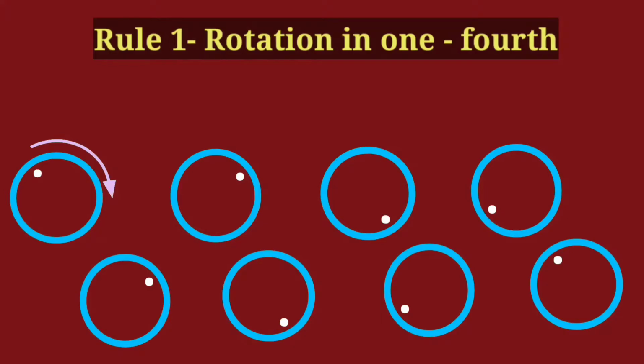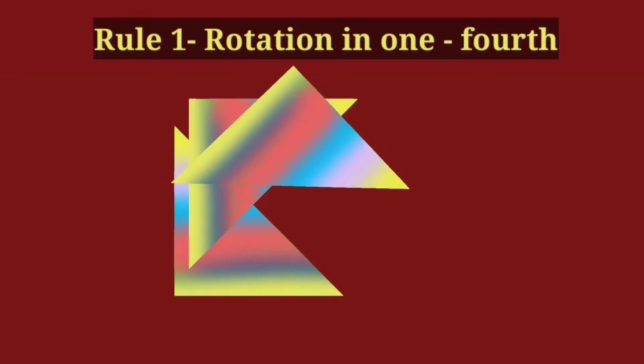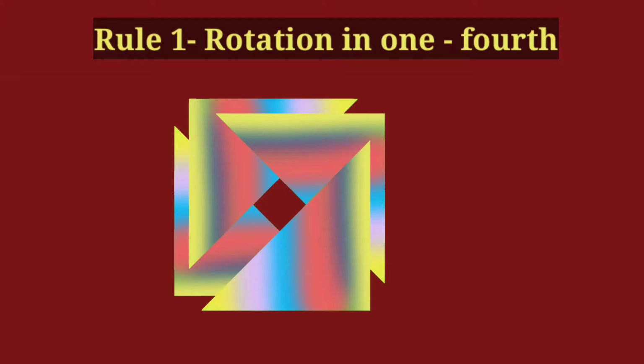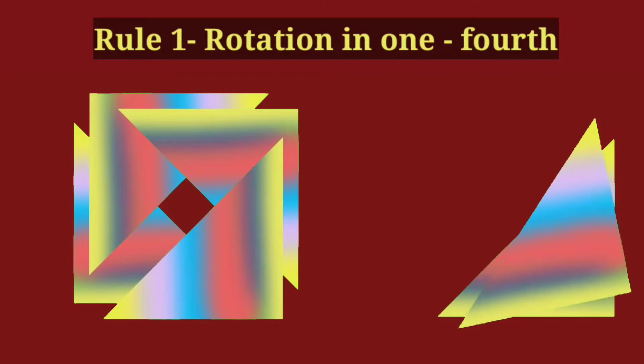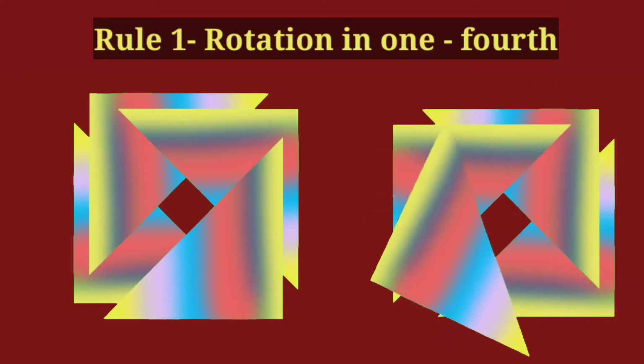Let us form a pattern with this rotation. Here we have a triangular figure. The repeated rotations by 1/4 in clockwise direction forms a beautiful pattern. Dear students, the rule of rotation by 1/4 can also be performed in anti-clockwise direction to get the patterns.